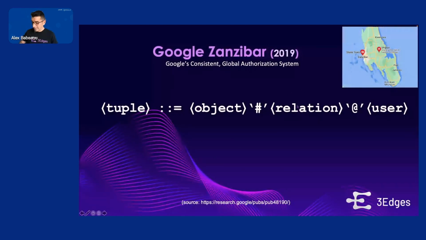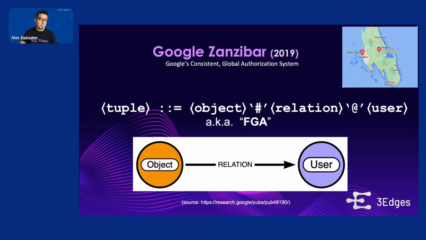You can see here. Now this is called FGA, fine-grained authorization, because the object itself can, in theory, be as granular as you need it to be. It could be down to a bit of data if that's what you need. Now, some people have noticed that this could be represented as a graph, and indeed it can. You're a graph audience, so you're probably familiar with RDF.